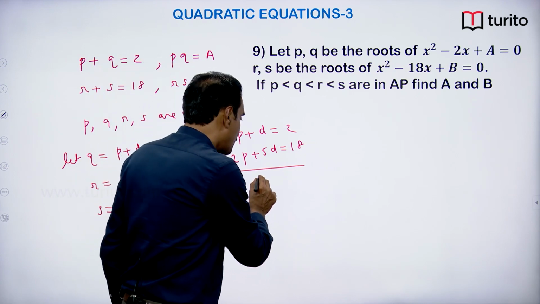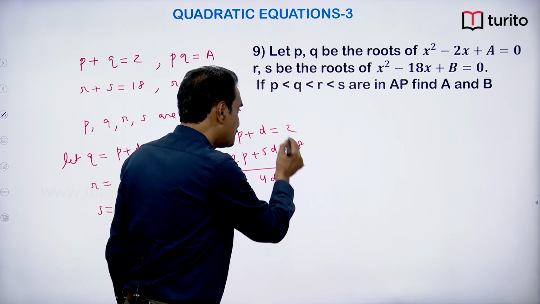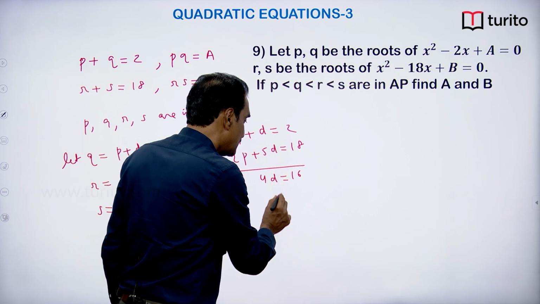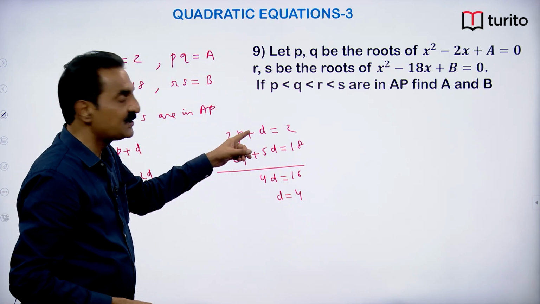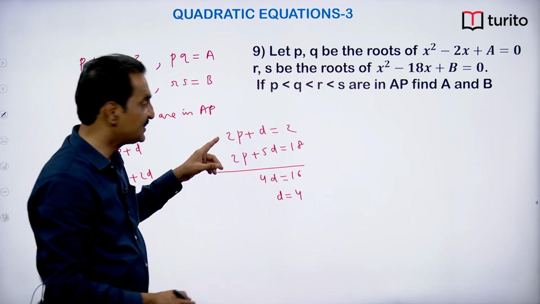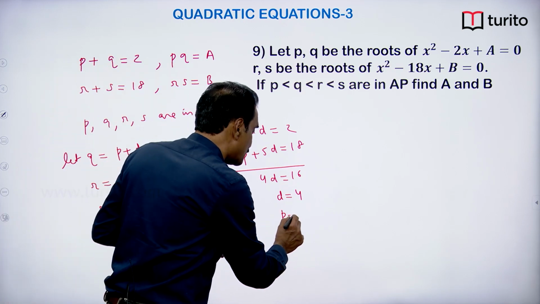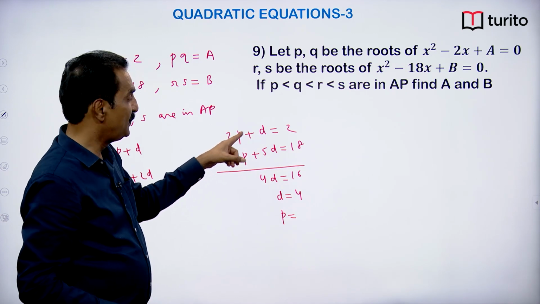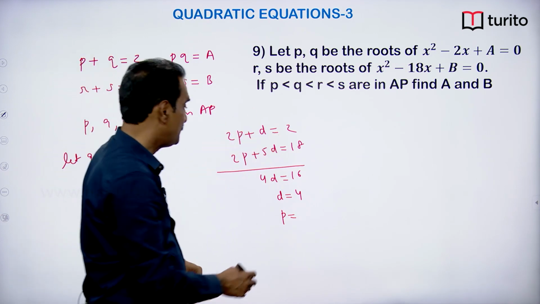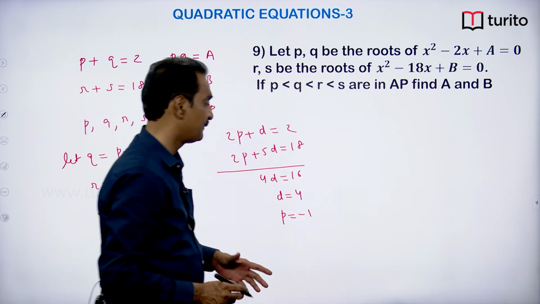You will get 4D is equal to this minus this, 16. D is equal to 4. If you substitute D is equal to 4 in any one of the equations, you will get P. Substitute D here, 2P plus 4 is equal to 2, then P will be minus 1.